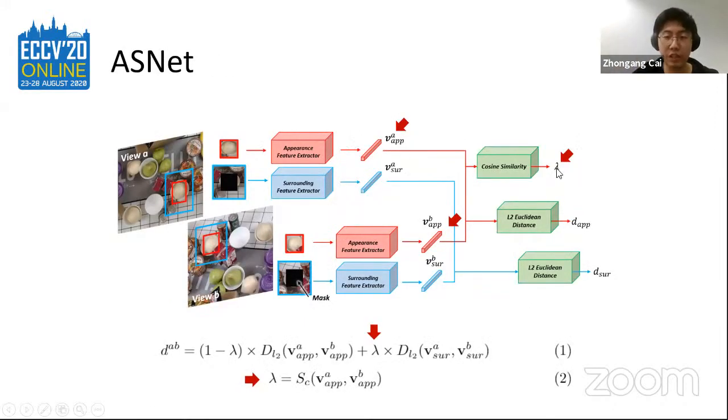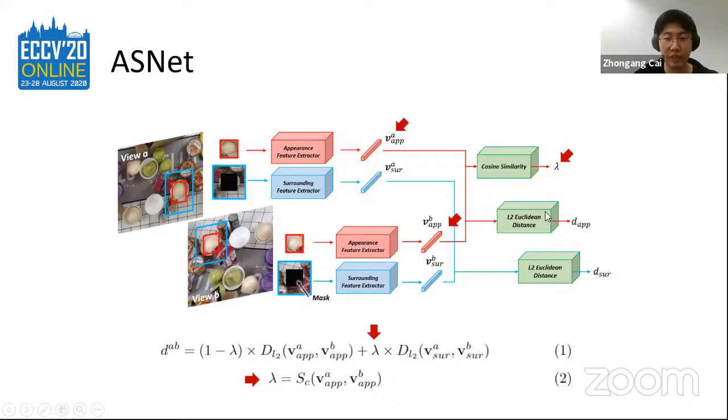If the lambda is very high, it means the objects are pretty similar to each other. If two objects are very similar to each other, we cannot differentiate or associate them by looking at the object itself. We have to look around, right? So this will provide a higher weightage to the surrounding feature extractor and also the L2 Euclidean distance between the surrounding features.